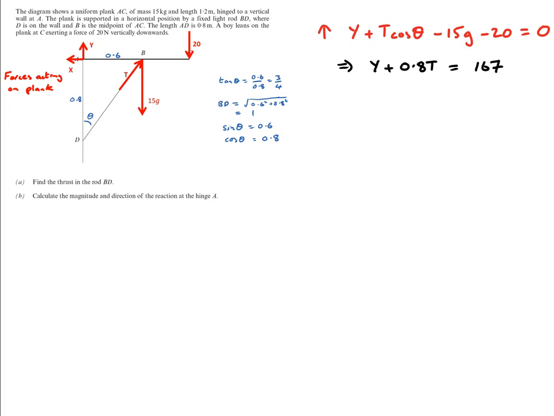If we consider the components of the forces in the horizontal direction, then we have the horizontal component of T, which is T sine theta, minus x must equal 0. In other words, we've got 0.6T take away x equals 0.